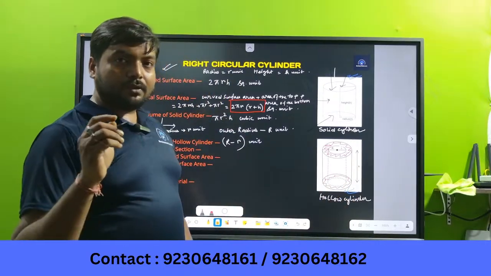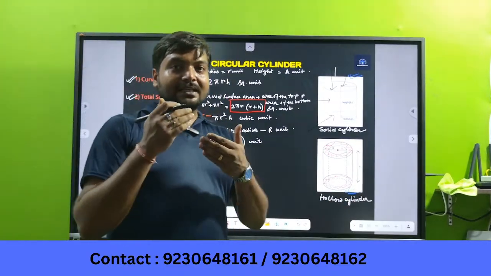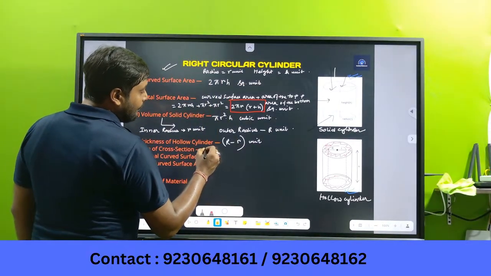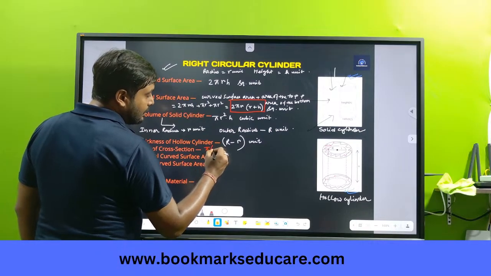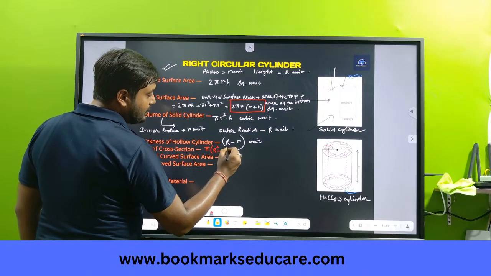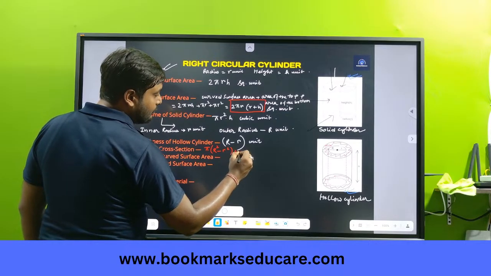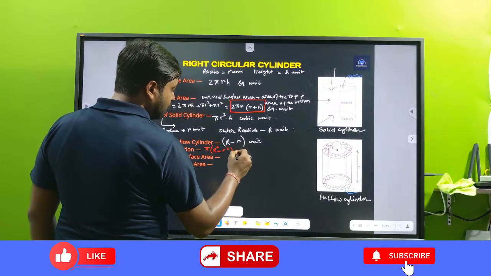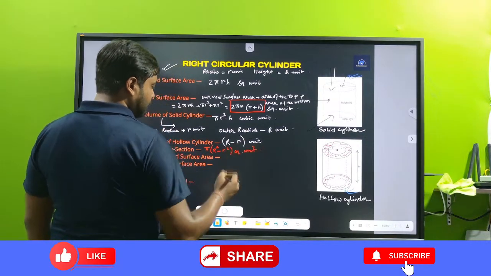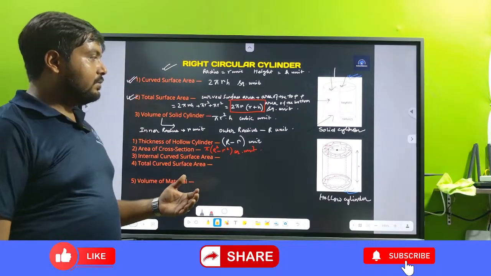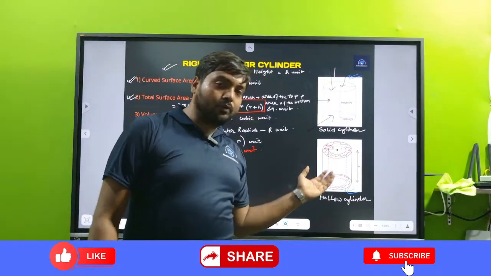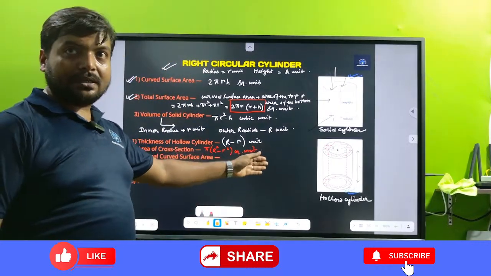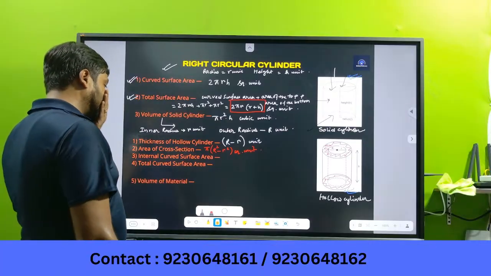So if we want to find area of cross section of a single face, then the formula will be pi into capital R square minus small r square, and that will be square unit. And if we want to find the area of cross section of both the sides, then simply we will add one more pi into capital R square minus small r square square unit.